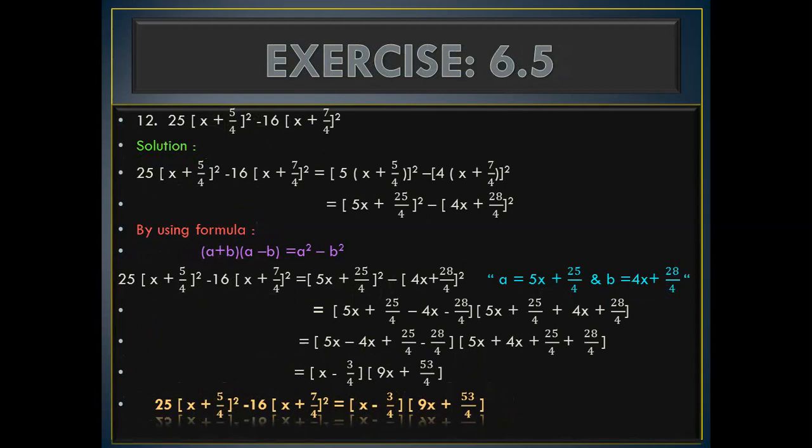Because 25 is a square of 5 and 16 is a square of which number? 4. So we write 5 x plus 5 by 4 whole square minus 4 x plus 7 over 4 whole square.